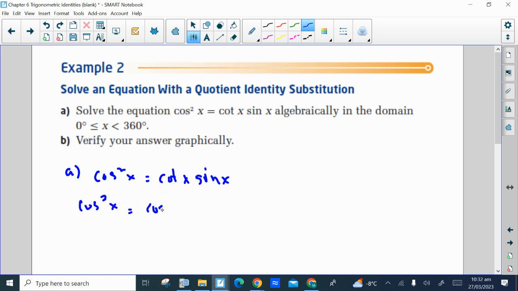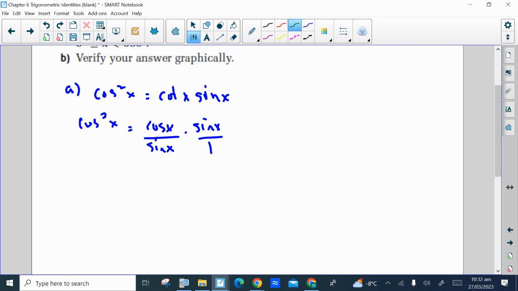Cotan is cos over sine, and that's multiplied by sine x, or sine x over 1. And if you write it like that, you can cancel the sine x's. So our solutions will come where cos squared x equals cos x, or where cos squared x minus cos x equals 0.